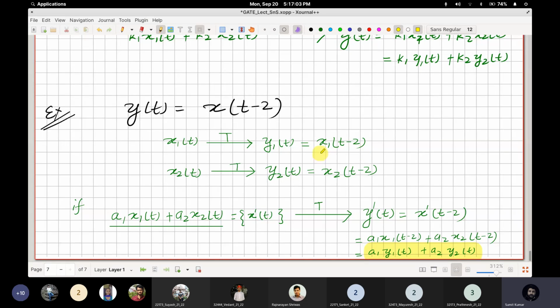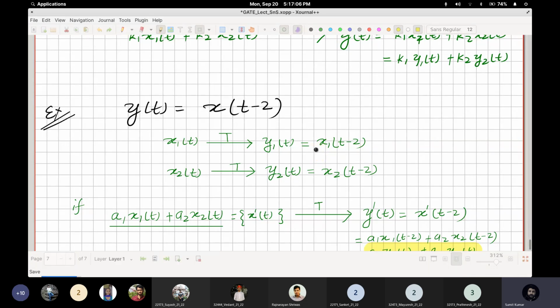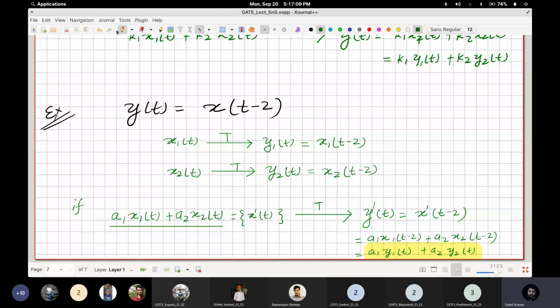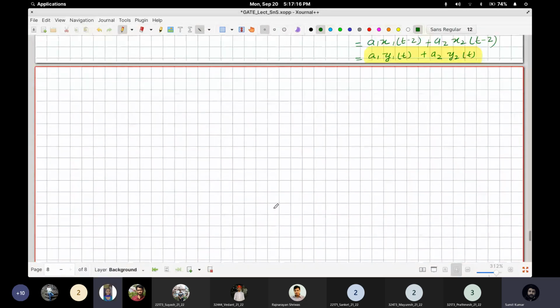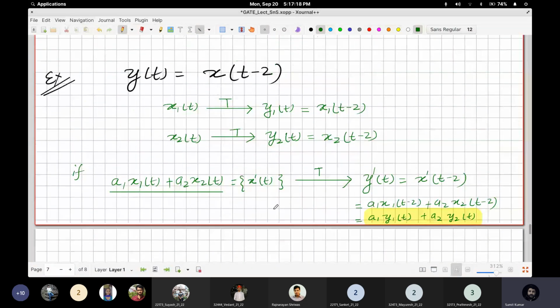So this system is linear, isn't it? Is it clear to all of you? Based on this example, what can we conclude?